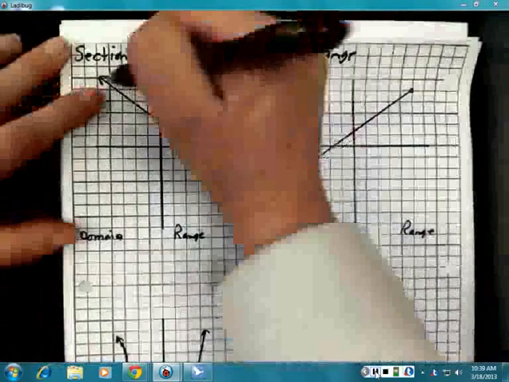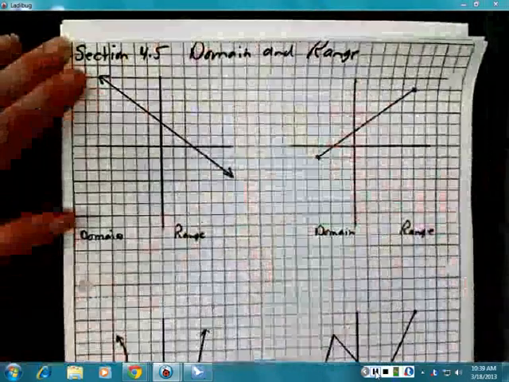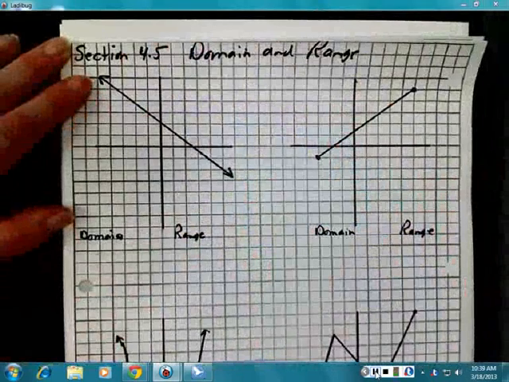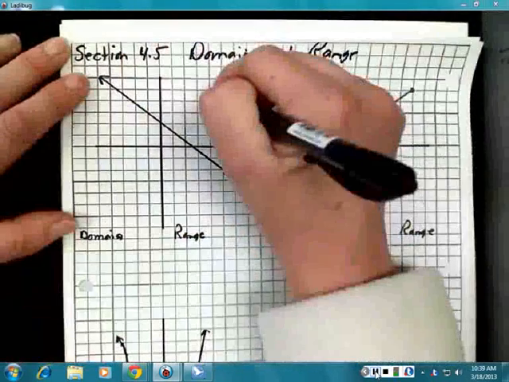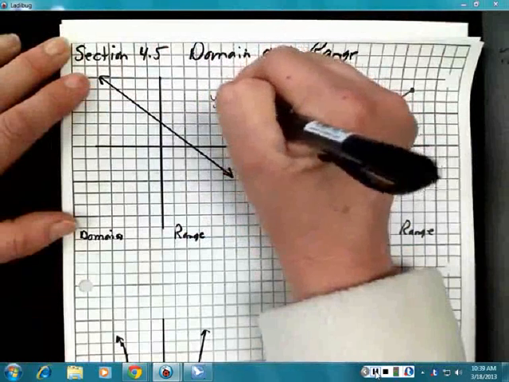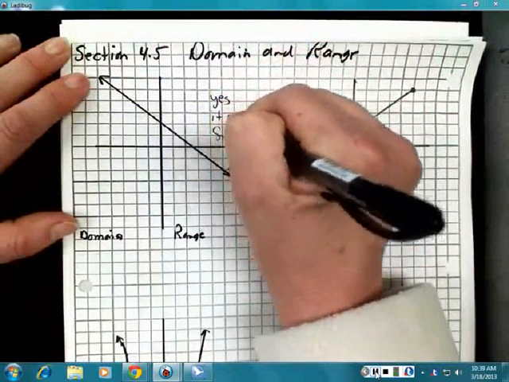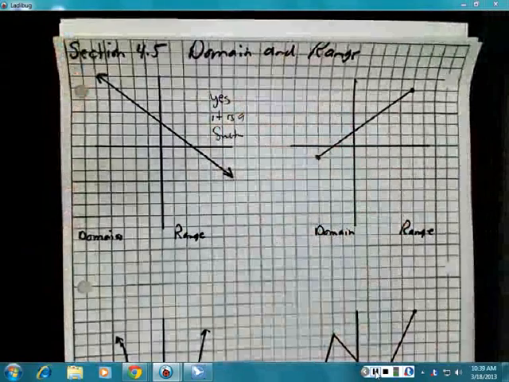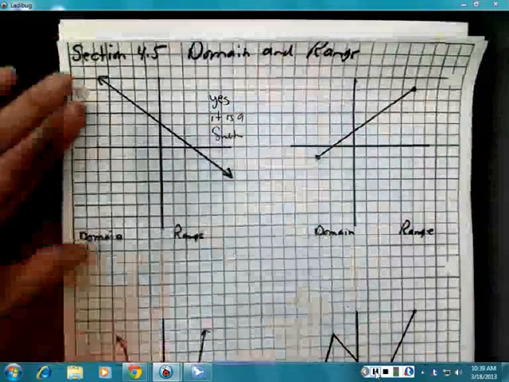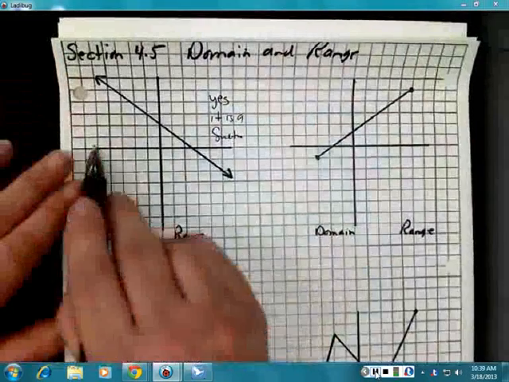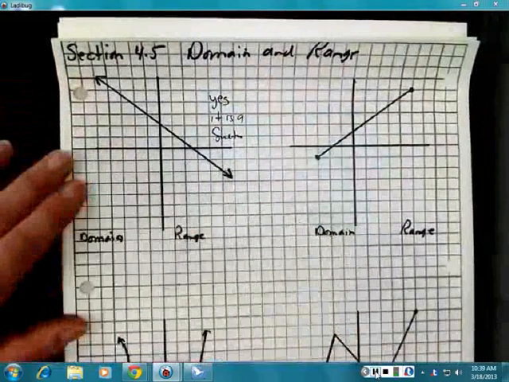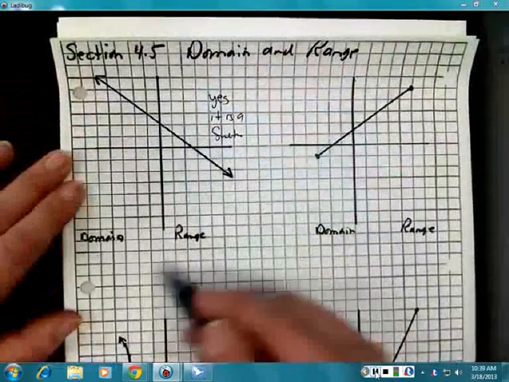If I've got a straight line, what do you notice on that straight line? Is it a function? Yes. So yes, it is a function. But what's its domain? Well, the domain is all the x's it can possibly be. So when I look at a graph, what do I know?